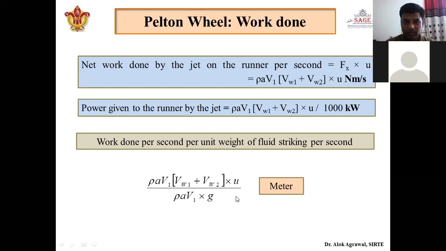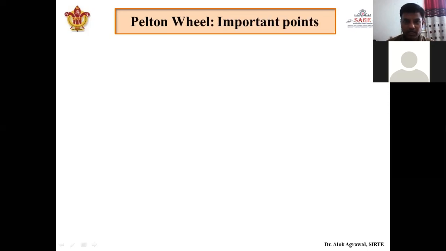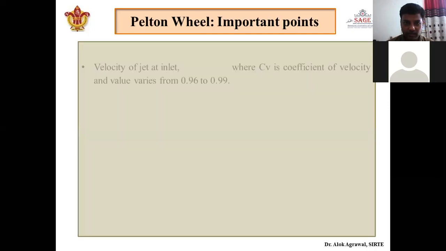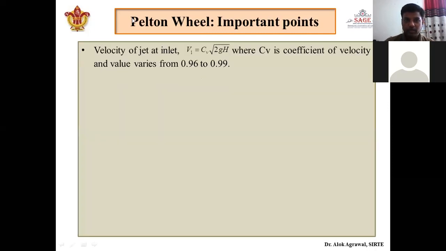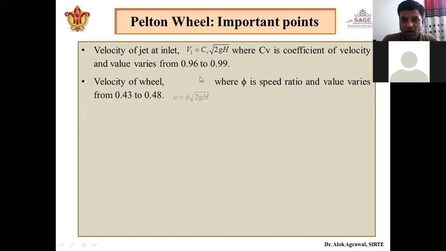Next, some important points related to Pelton wheel. Velocity of jet at inlet, we have seen that V1 is equal to under root 2gH, but it is not always the case. Sometimes coefficient of velocity is given, so we have to multiply this root 2gH with Cv, that is coefficient of velocity, whose value varies from 0.96 to 0.99. Next will be the velocity of wheel.